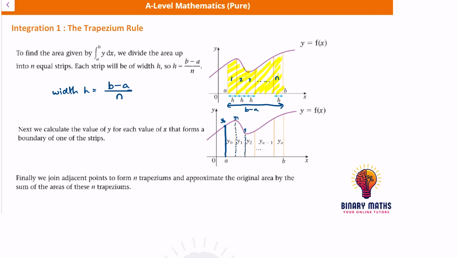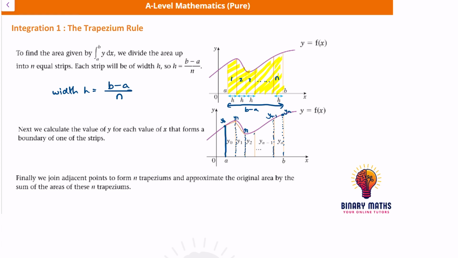This one will be y2, and so on, all the way up to yn minus 1, and the last one, which is y sub n. Let me just write yn minus 1 properly.